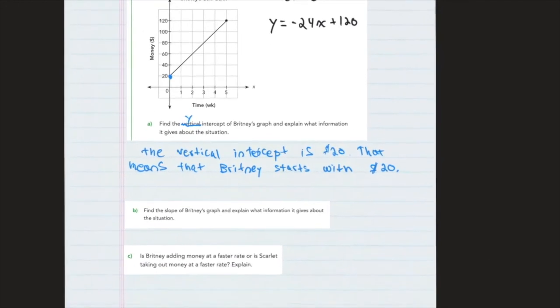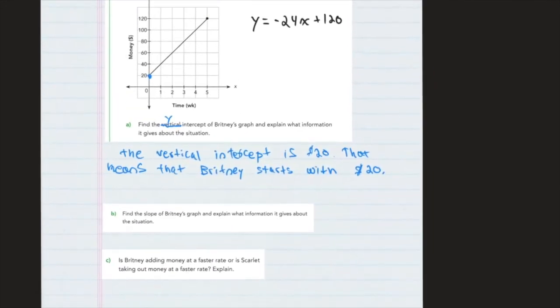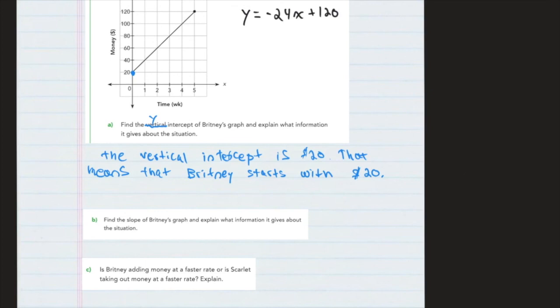For part B, we're asked to find the slope of Brittany's graph and explain what information it gives about the situation. So for this one, we have the 2 points, (0, 20), and we have the point (5, 120). And when I find the slope between those points, I'm doing 120 minus 20 over 5 minus 0, which is then 100 over 5, which is just 20.